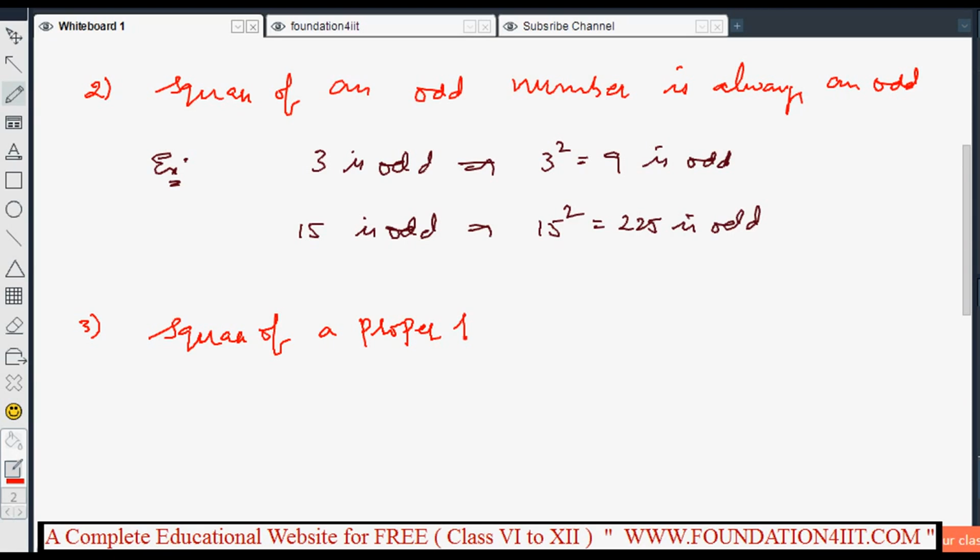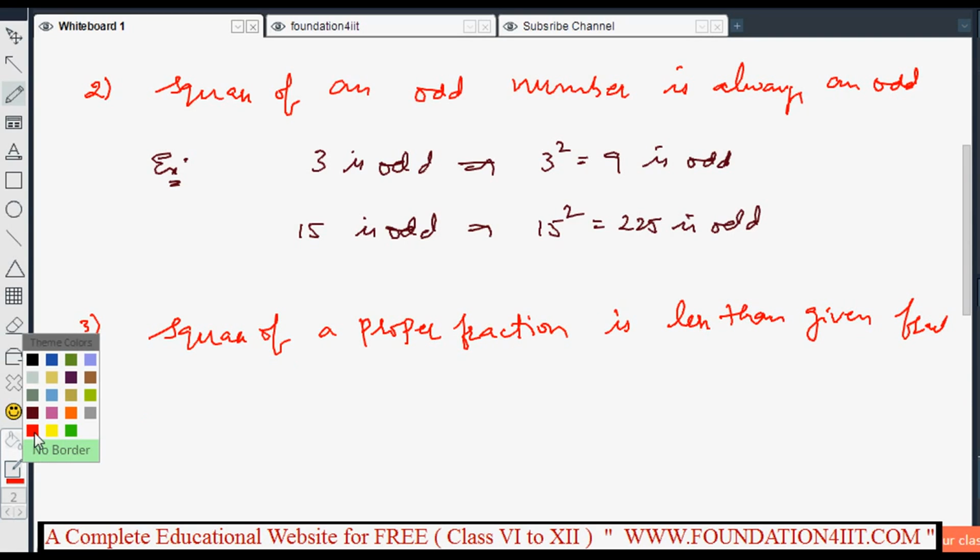The square of a proper fraction is a proper fraction less than the given fraction. I will tell you an example so it is clear.